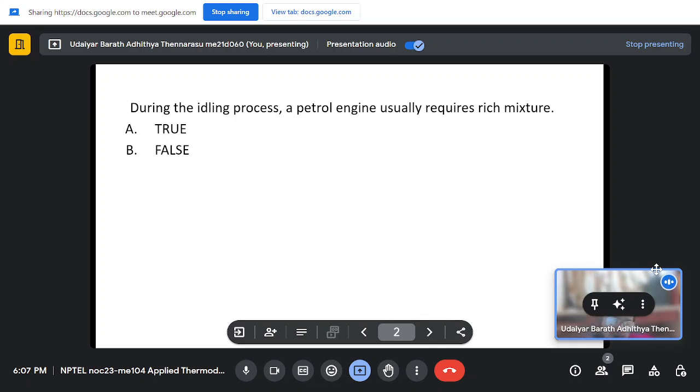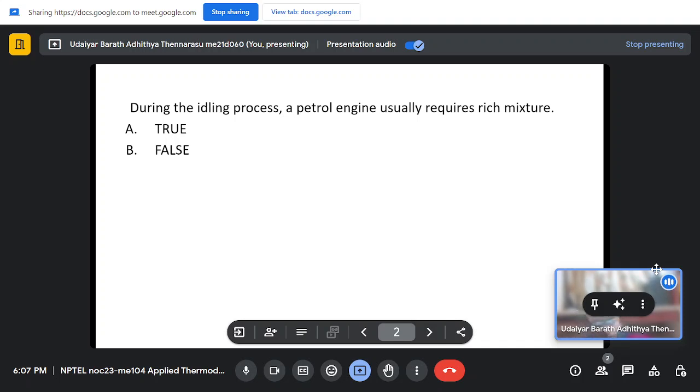Idling process is when, suppose you are running a bike, you switch it on and the bike is on neutral, or a car is on neutral, so you have not applied any gear and you are not moving, so you are steady. Or suppose you are waiting at a red signal and your car is parked, but your engine is on.